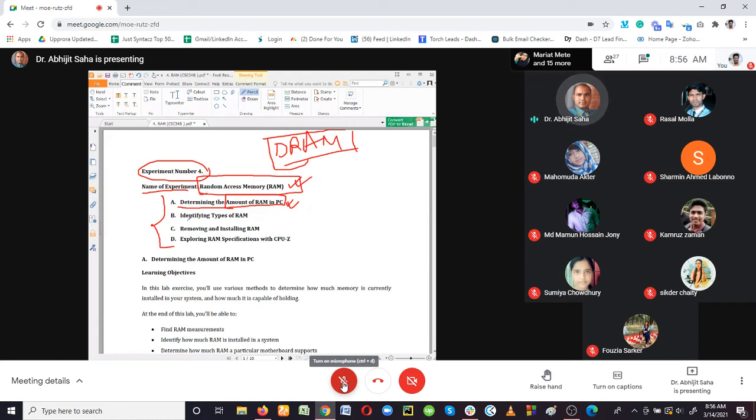The second point we need to handle is identifying types of RAM. This point is about what type of RAM you have in your computer system. The RAM goes into our memory slot. There are different types of DRAM coming into the market. Every period of time an upgraded RAM comes to the market.